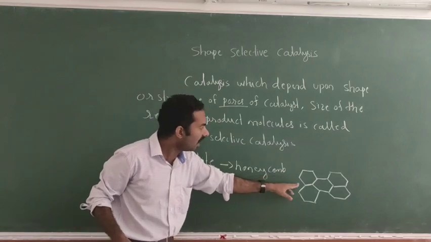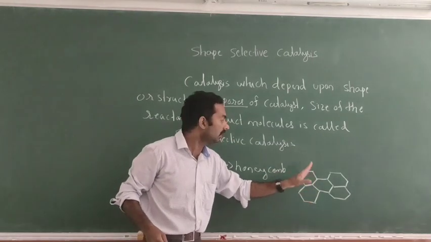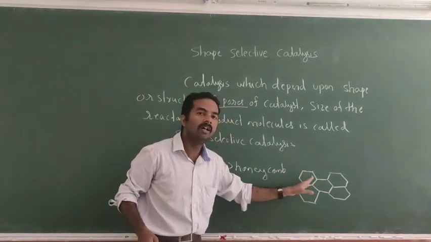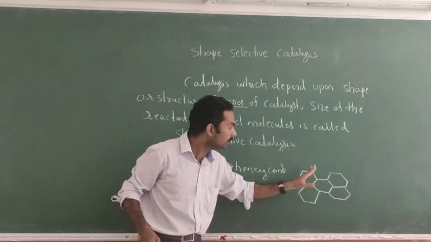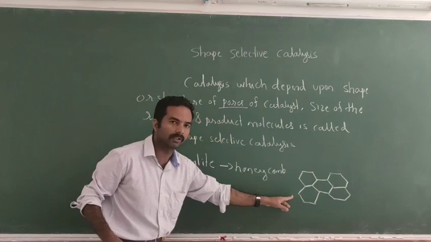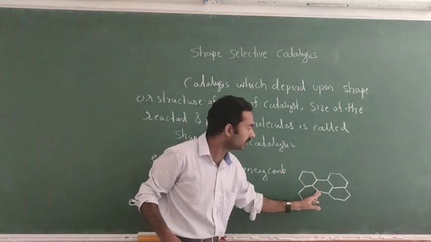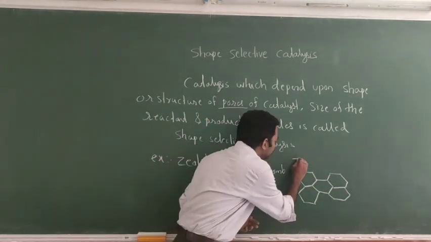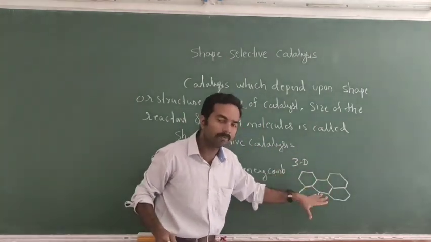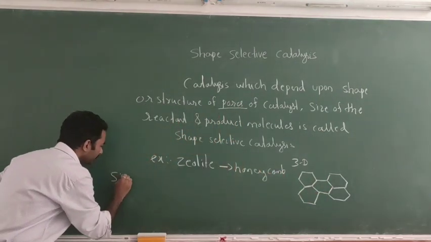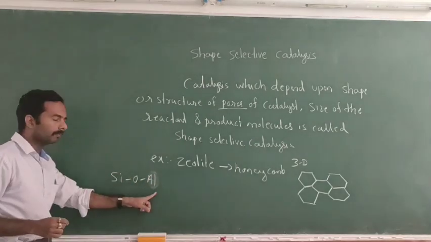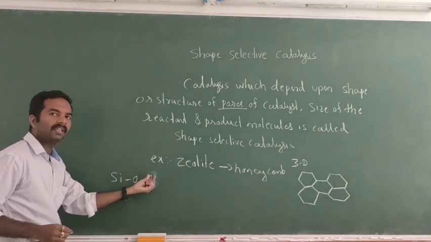So here they are microporous aluminosilicates with three-dimensional network of silicates which are formed by replacing silicon by aluminum.